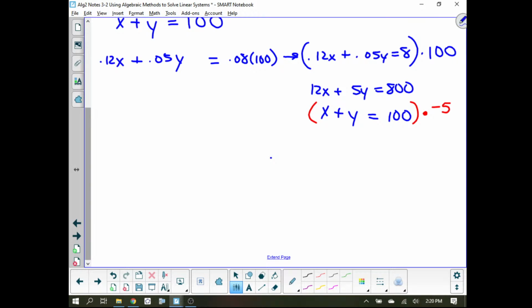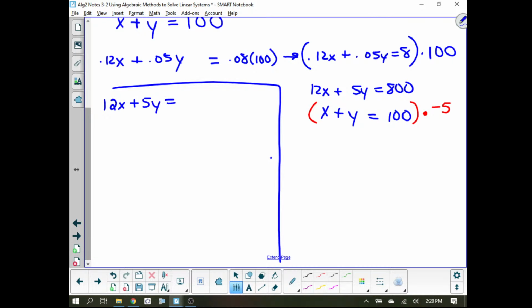And I'm actually going to rewrite the original equation again on the top because we're going to add them together. So I want to keep that there. So 12x plus 5y equals 800. And then -5x minus 5y equals -500. If I add down, I get 7x is equal to 300.